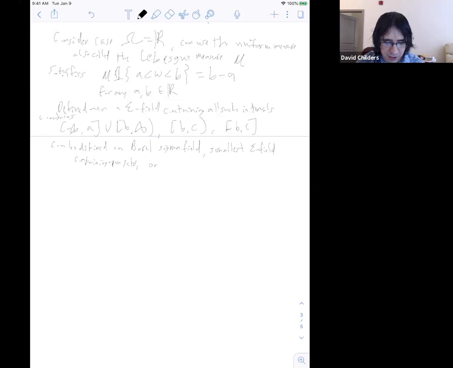Sometimes a slightly larger sigma field is used, which contains a few extra sets that are not well defined. Note that, based on this intersection and union principle, this contains the singletons.